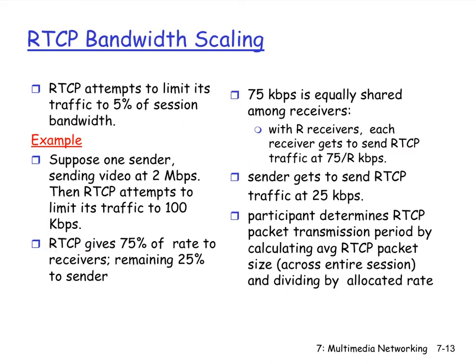RTCP gives 75% for the receiver reports versus 25% for the sender reports. Why? Because typically we have multiple receivers and one sender. So the sender only needs 25% to send the sender description packets and to send the sender report periodically.